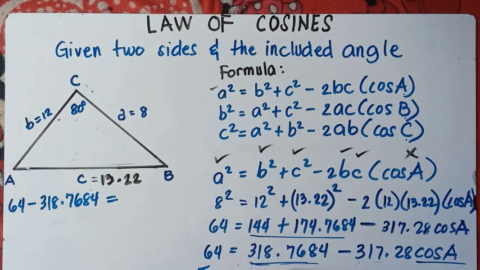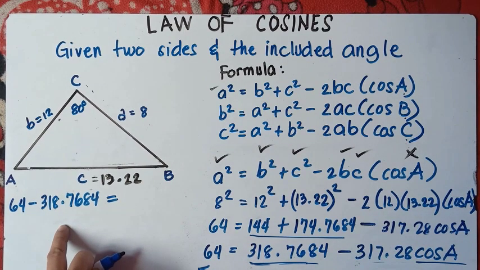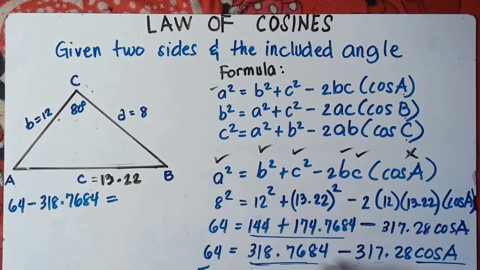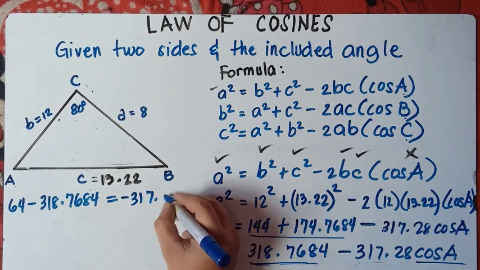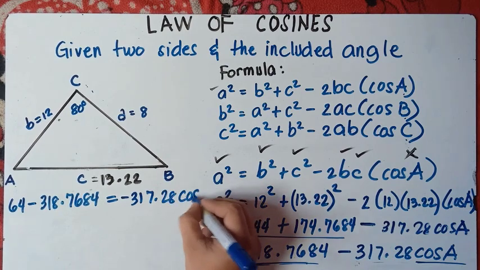You transpose this one from right to left because we can combine this 318.7684 with 64, because these are all numbers. Once you transpose, you change the sign. Positive becomes negative. Equals negative 317.28 cosine A.